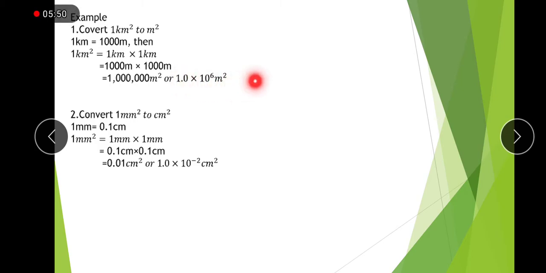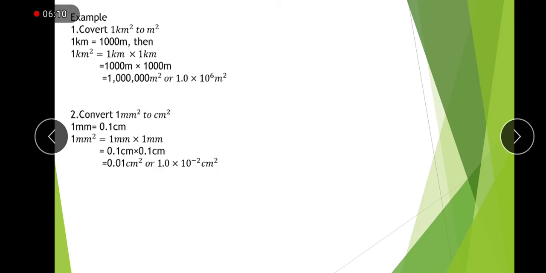Therefore, you have to know how to write figures in standard form. Actually, it is simpler than writing all these zeros. Now we know that 1 square kilometer is equivalent to 1 million square meters.